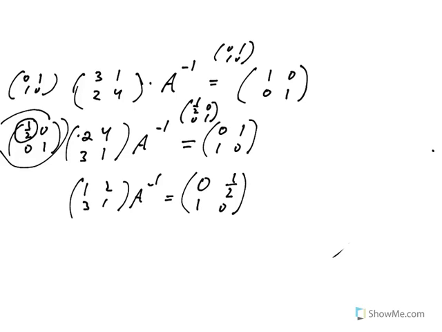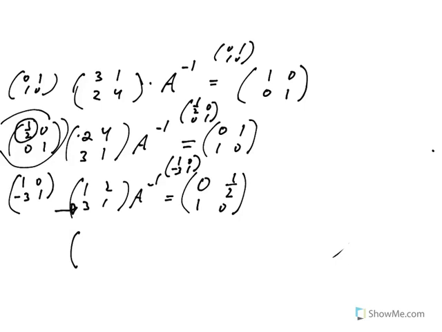Now, next I'm going to take care of this 3. Making that a 0 is pretty easy if I do this type of row operation, or this type of multiplication. Something like this will replace the second row with whatever the second row was plus -3 times the first row.